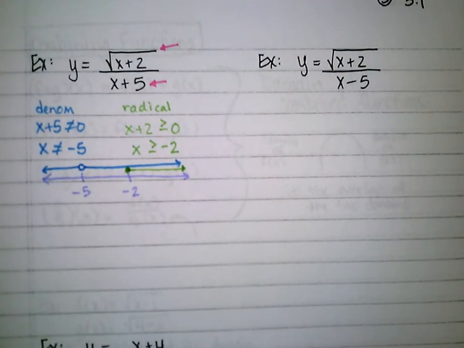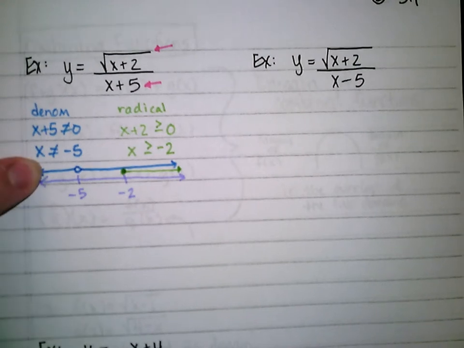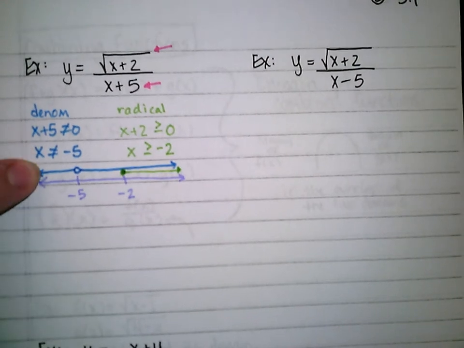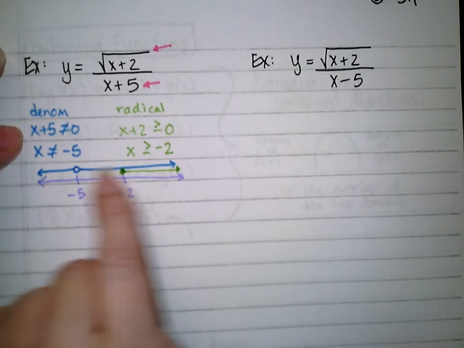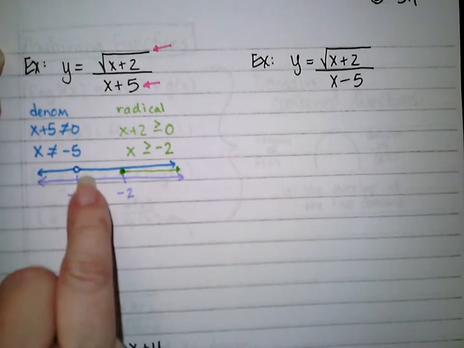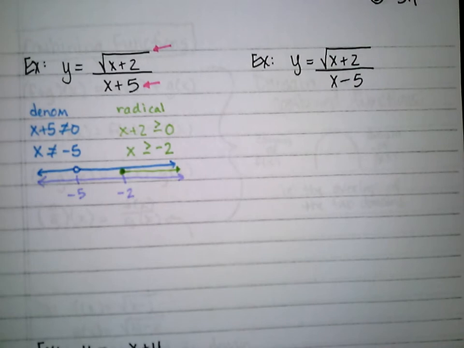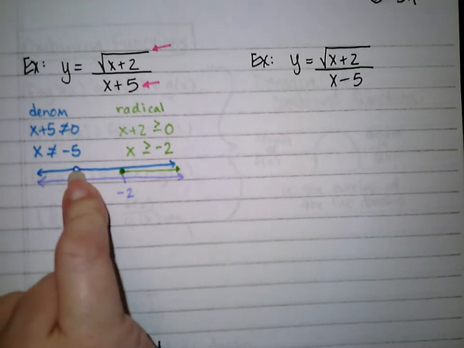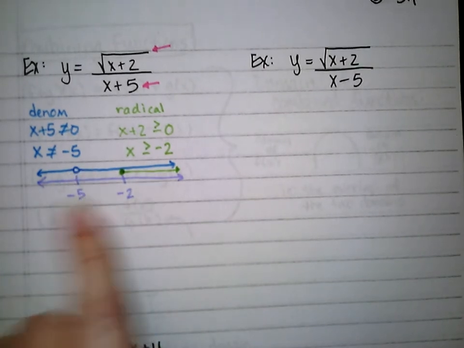So when you have these two things happening, it's like the blue domain restriction allows the domain to be anywhere except for -5. So it's like that one friend that's like, okay, you can go anywhere you want, just don't go to one specific location. So this blue line can go almost anywhere.